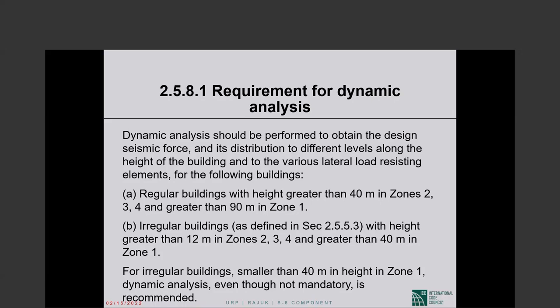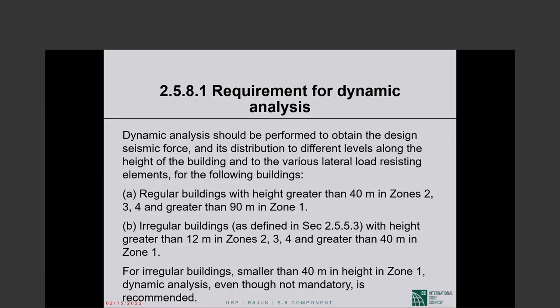Irregular buildings with height greater than 12 meters in zones 2, 3, and 4, that is not much. 12 meters is like 40 feet. And greater than 40 meters in zone 1. So if it is irregular buildings, then beyond 12 meters in zone 2 and higher, you have to do dynamic analysis, and above 40 meters in height in zone 1.